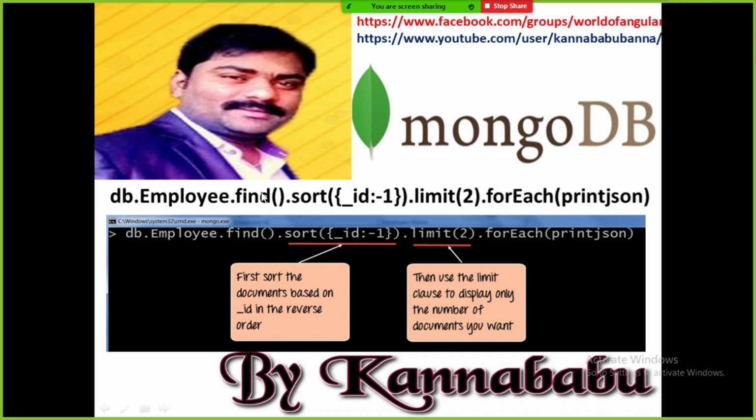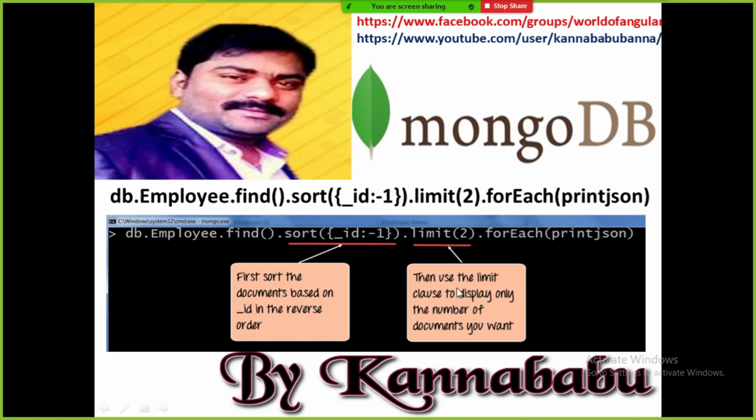We already discussed this in the last class, last videos. db.employee.find, sort. Sort will automatically arrange the details in ascending order based on the ID column. But here I kept -1. -1 means descending order, top to bottom.